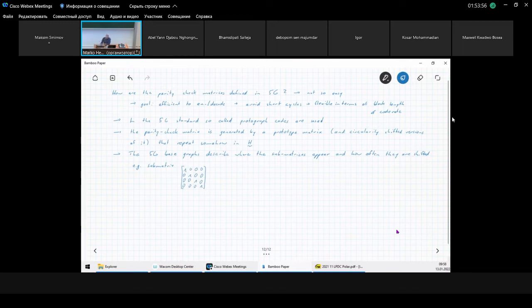And furthermore, the shifted versions: shifting it by one means just shifting it by one column. So the first column will end up here, the second column here, the third column, and the fourth column will go to the front.